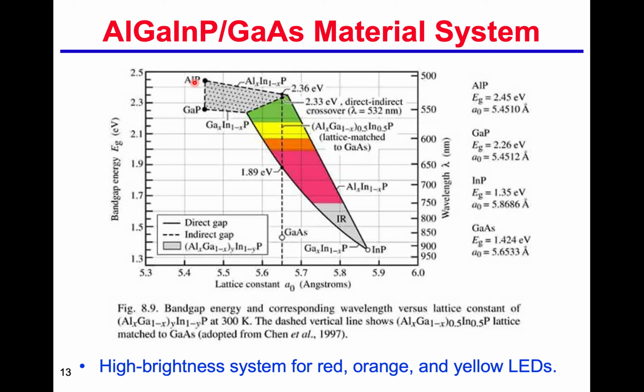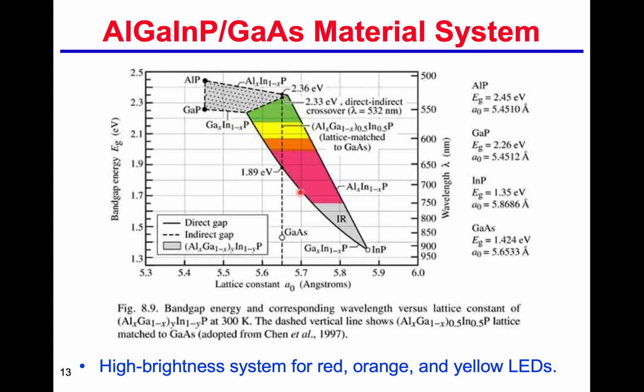When you increase the size of the atom, of course they have a larger lattice constant because they are bigger. The phosphide is the same, but indium is larger than gallium, which is larger than aluminum. At the same time, because the lattice constant is smaller, the bonding energy is stronger, so the bond is stronger, and that results in a higher band gap energy, corresponding to shorter wavelengths.